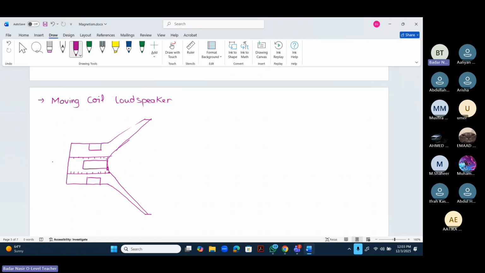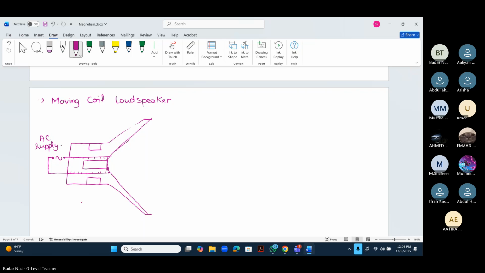So this is a coil of wire which is connected to the AC supply. Okay, the loudspeaker है it works on AC supply, please remember, ठीक है। So this is also a symbol of AC supply.